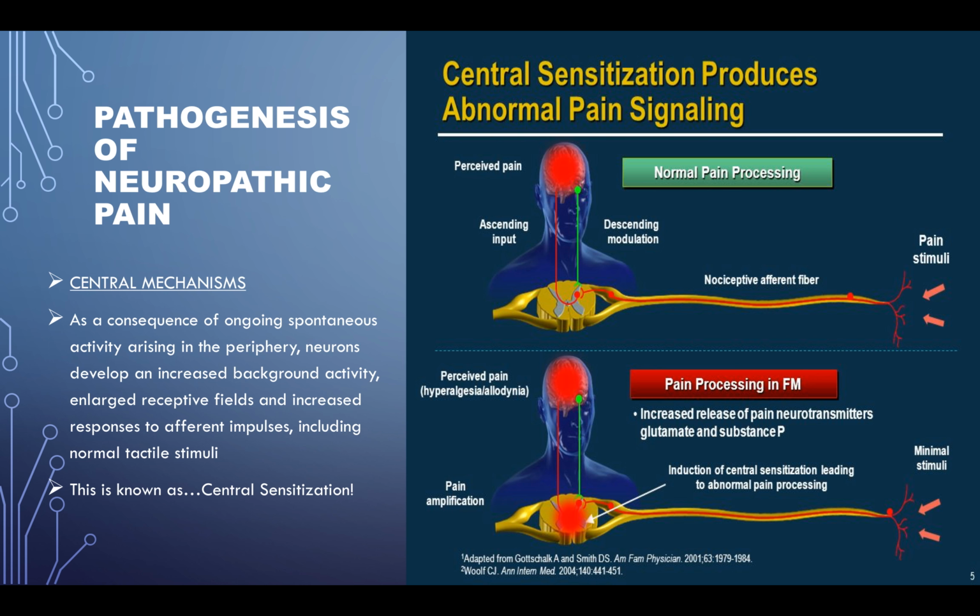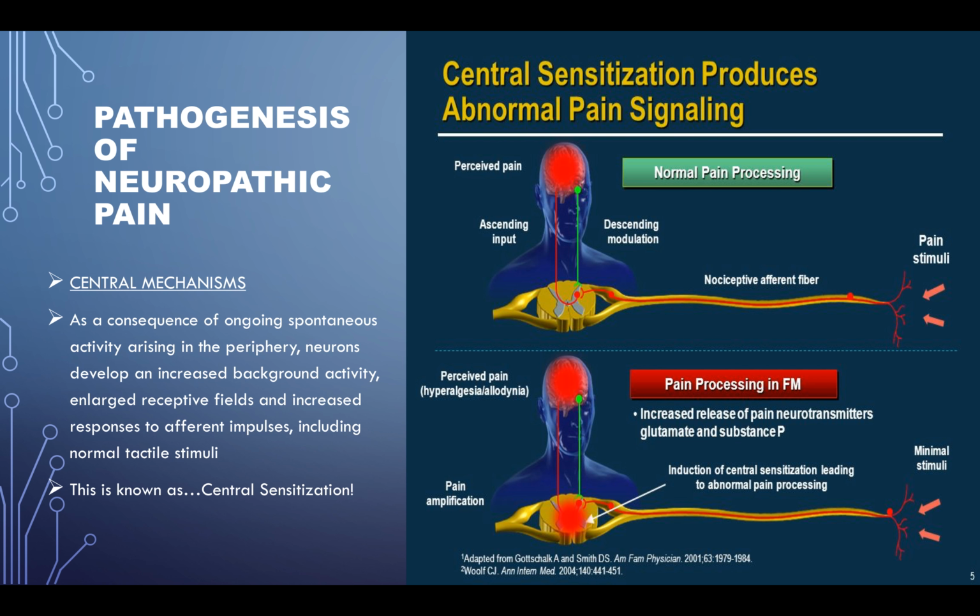And just to go back on those receptive fields, remember every area in your body has receptive fields so that you can localize certain stimuli. In your hands, you're going to have very small receptive fields because you use your hands a lot, and they get larger as we go up our arms. So these receptive fields get skewed, the maps in the brain get skewed, and then you start to perceive things that used to not be painful as painful information.